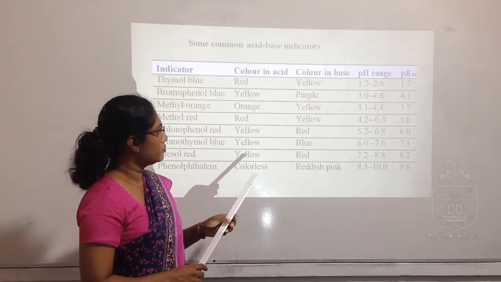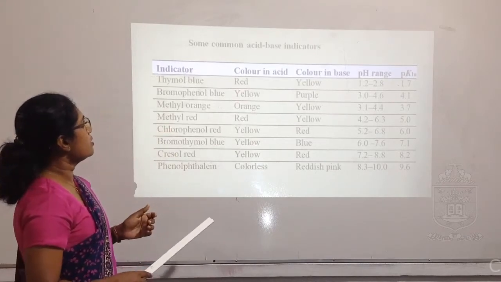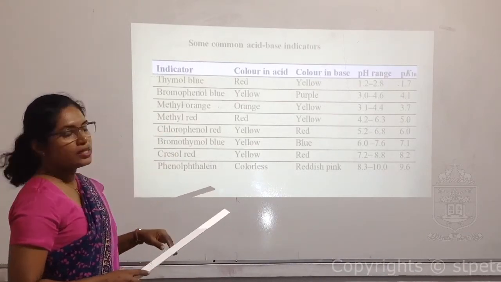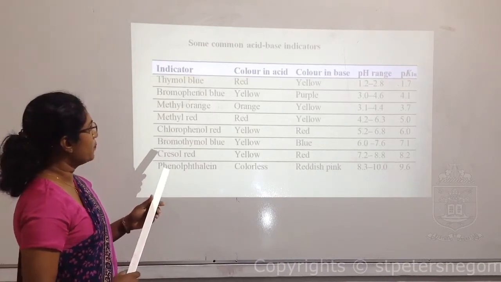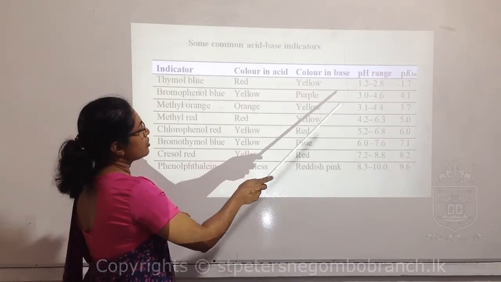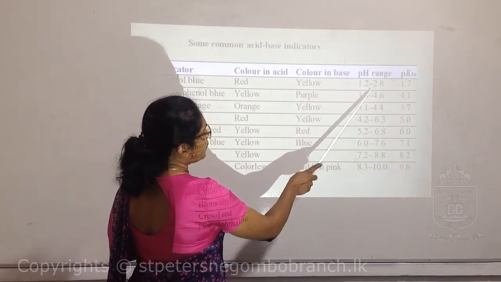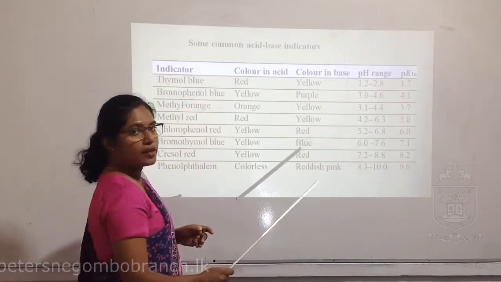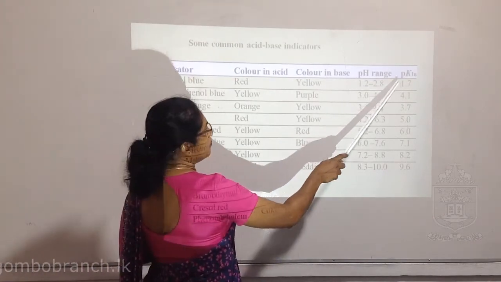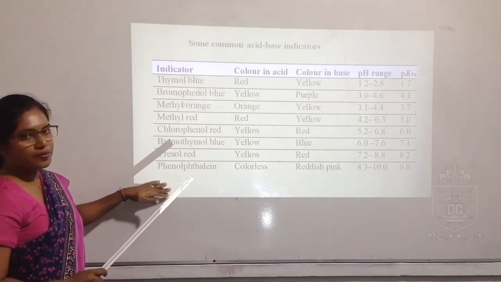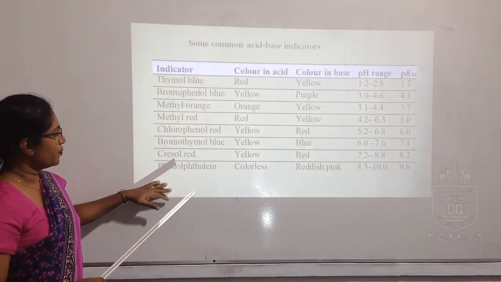And here this is the chart of some common indicators which we use, the acidic color, the color in base, and the pH range in which we can find the endpoint, and also the pKin value of these indicators are shown here.